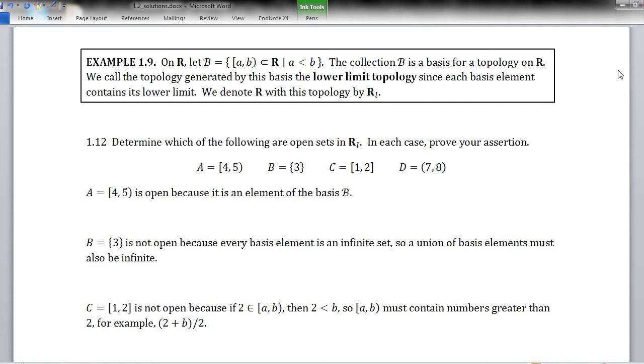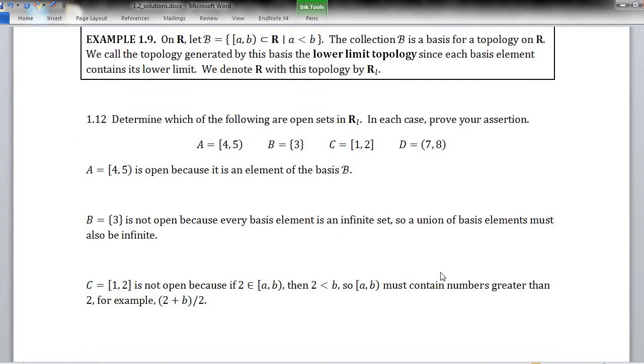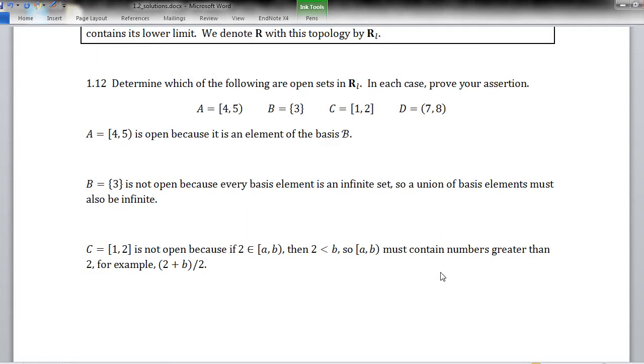Okay, well, if this set were open, it would be the union of basis elements. And so in particular, 2 would be contained in one of these basis elements. But then we've just proven that there would have to be numbers greater than 2 in that same basis element. And therefore the union of these basis elements would contain numbers greater than 2, and it could not equal C. Okay. So C is not open.